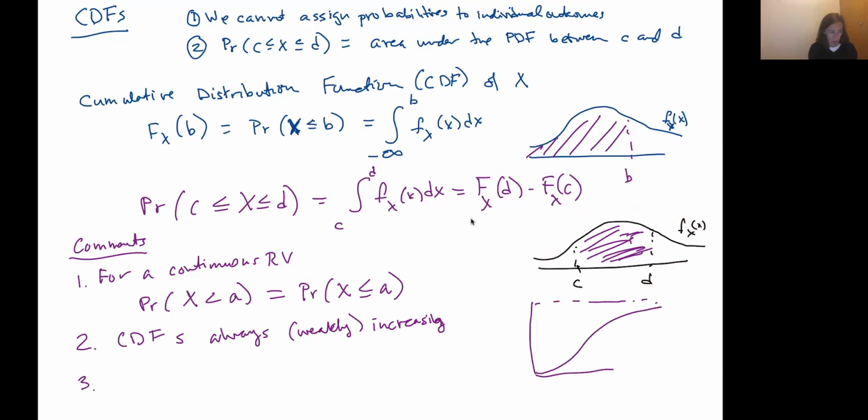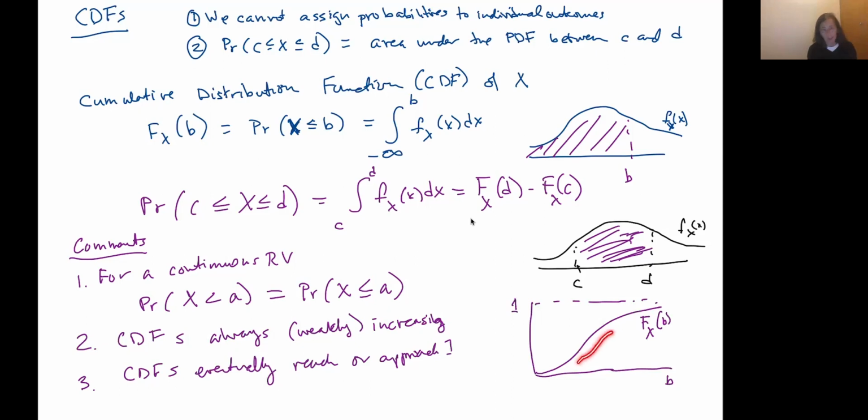The other point I want to make is that CDFs eventually reach or approach 1. As you're increasing B here, and what I'm graphing is the probability that X is less than or equal to B, that can't get smaller, right?